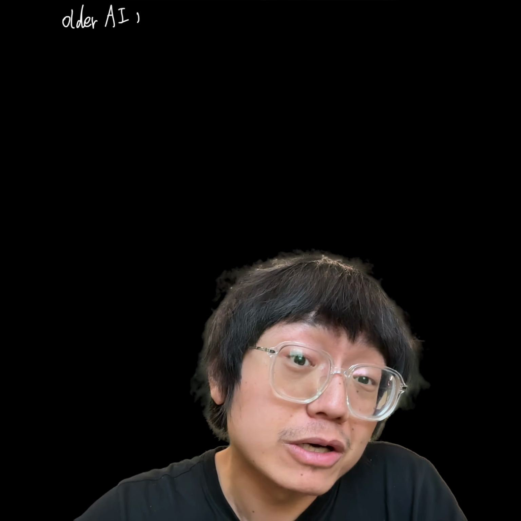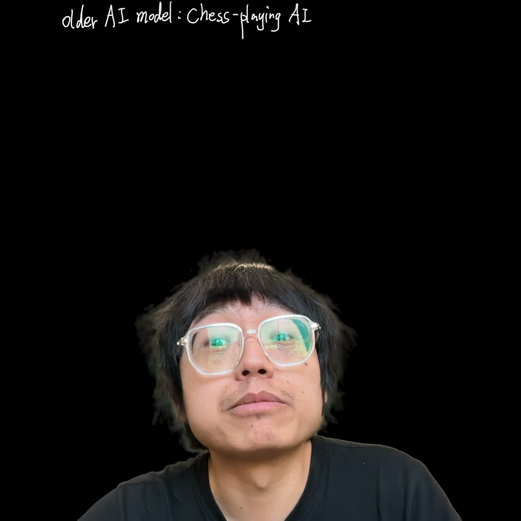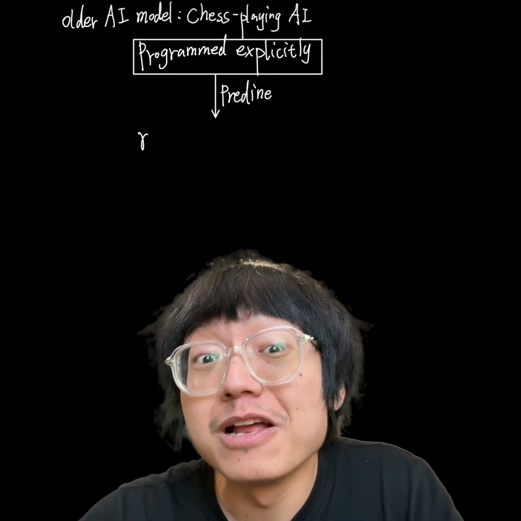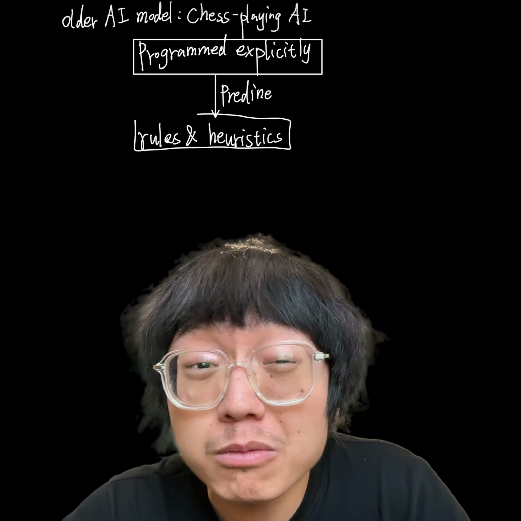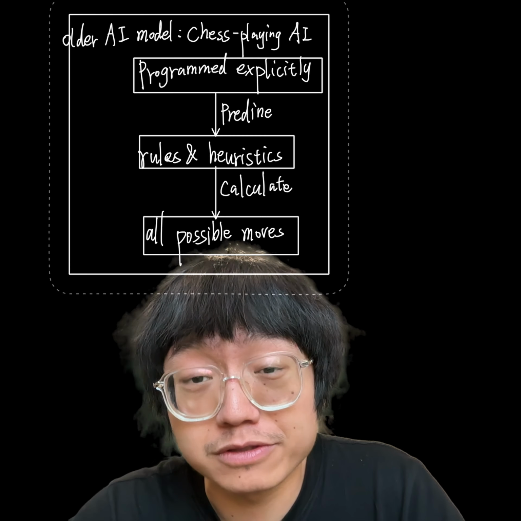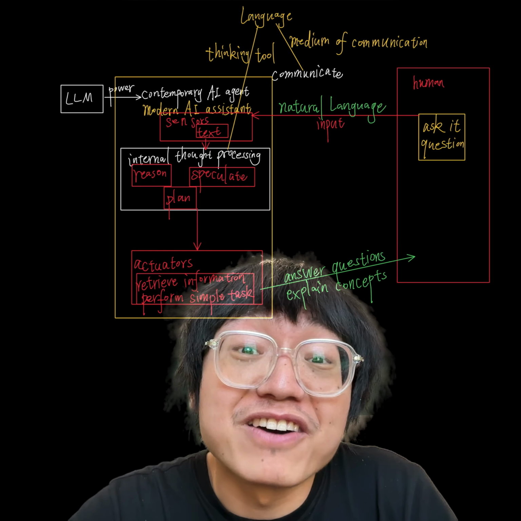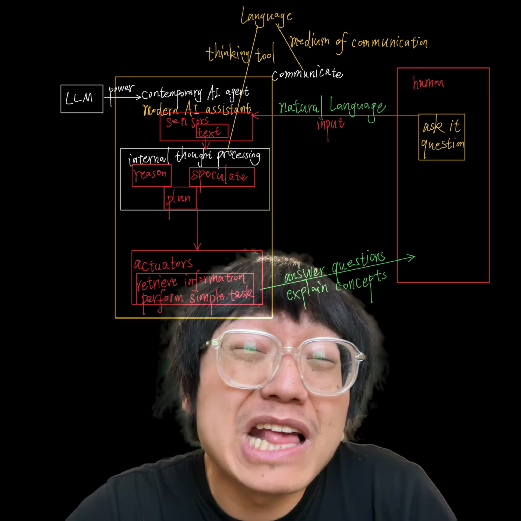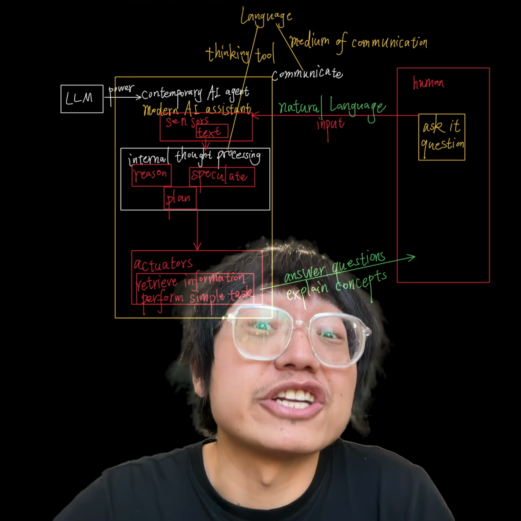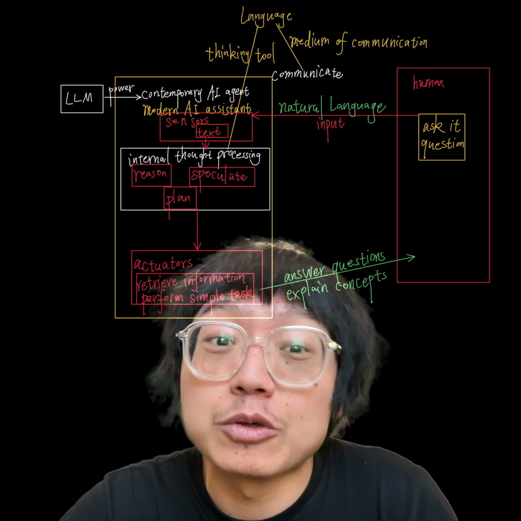In older AI models, reasoning had to be programmed explicitly. For instance, a chess-playing AI might have to calculate all possible moves based on predefined rules and heuristics. The even more profound shift is that large language model-powered agents like ChatGPT can use language internally as a tool for reasoning.